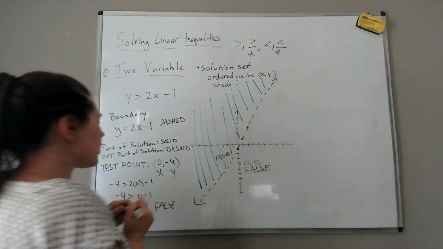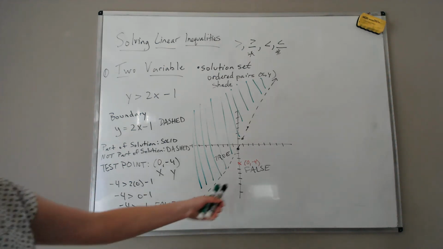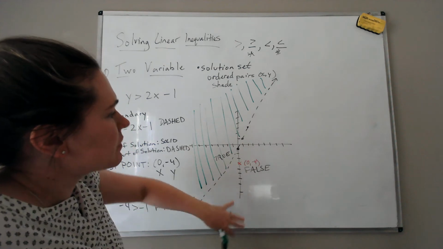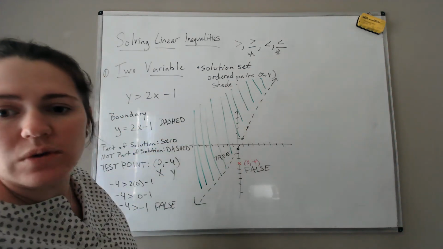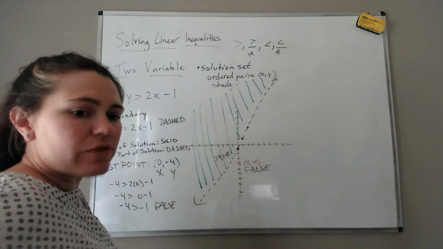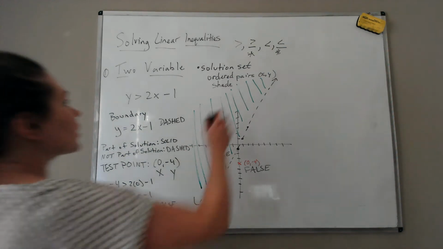So any coordinate point that's on the true side is a solution. So if you test a point and it's false, okay, here's my point, that means this entire side is false. That means the other side is true, and you always shade the true side. So this is a two-variable inequality. Now let's talk about a one-variable.